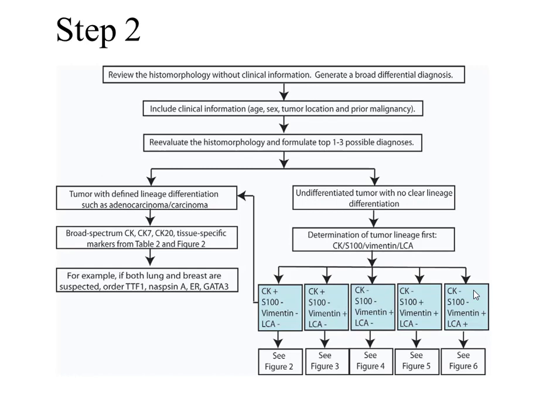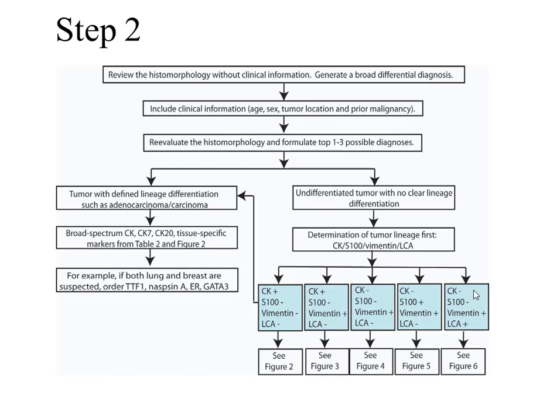So if we have no clinical information, we can make a short list of the tumors which give the metastasis. We must then include clinical information like age, sex, tumor location, and prior malignancy, evaluate the histomorphology and formulate the top 1-3 possible diagnoses.